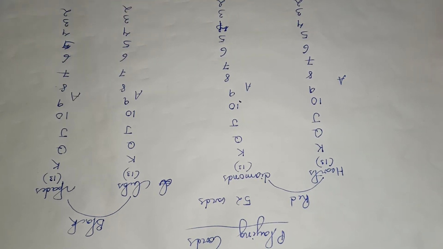So altogether in a deck of 52 cards, there are 4 ace cards.